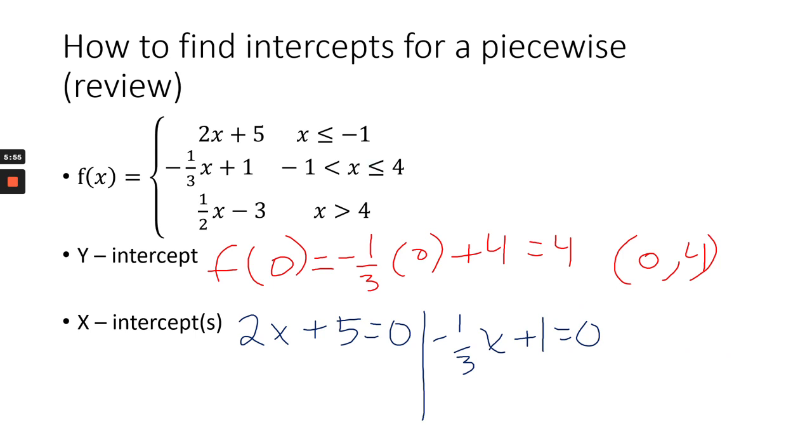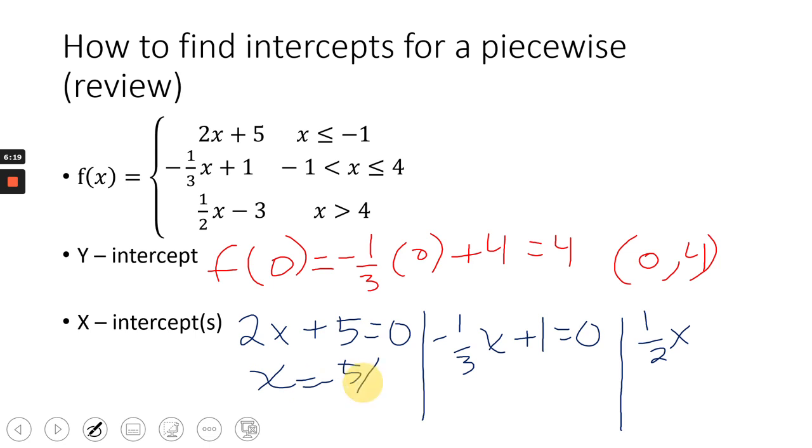And then you'll do 1/2 x minus 3 equals 0. Okay? So the first one you'll solve for x equals negative 5 over 2. Negative 5 over 2 is less than or equal to negative 1. So this one works.